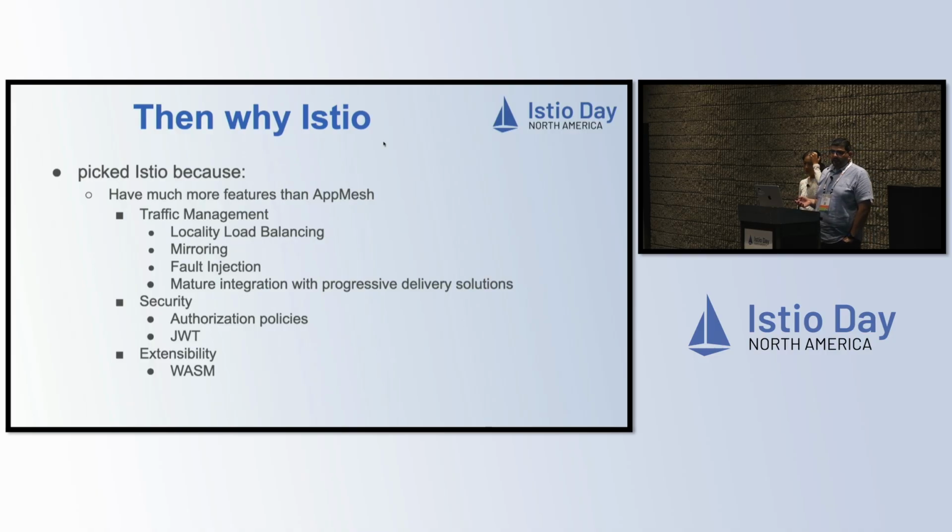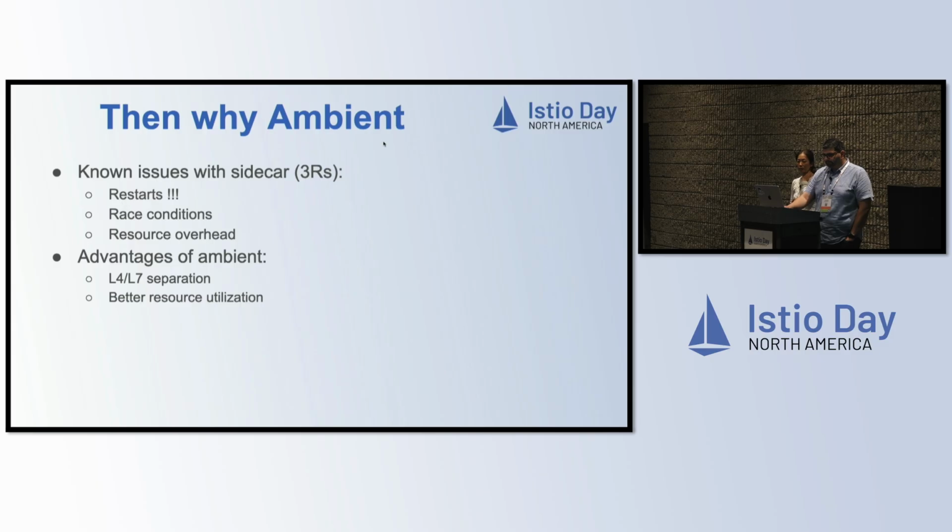It also provides many security features that App Mesh was lacking, like authorization policies, either on L4 or L7, in addition to built-in integration with any JWT token providers. And last but not least, the extensibility of Istio using WebAssembly.